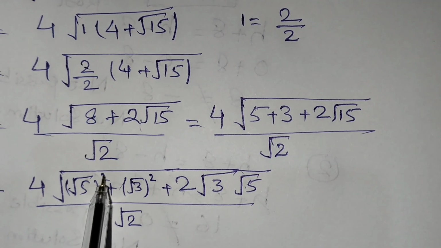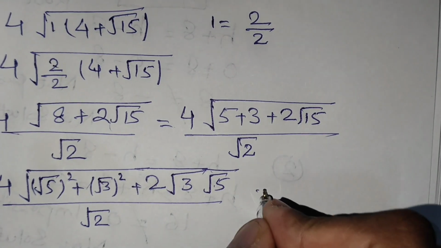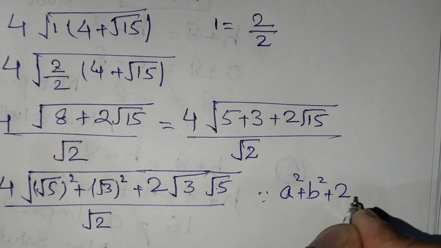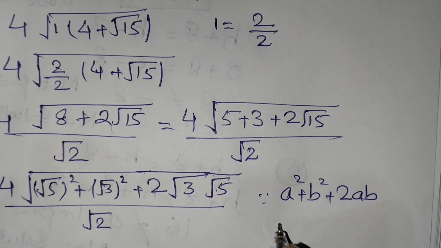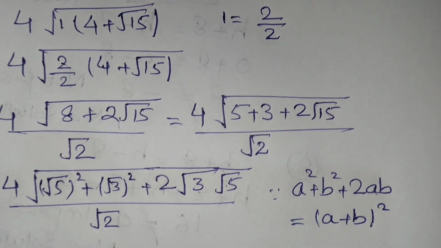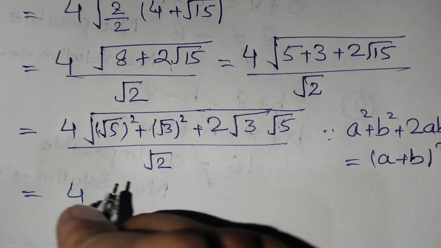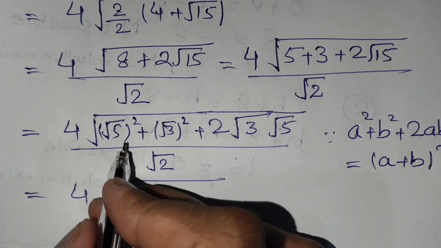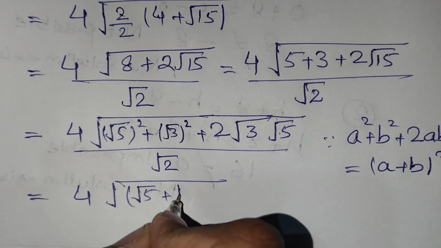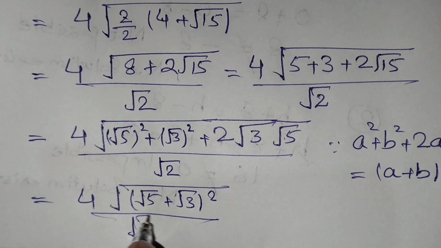Now this is a square plus b square plus 2ab. We know that a square plus b square plus 2ab is equal to a plus b whole square. So the numerator now becomes 4 times square root of square root 5 plus square root 3 whole square divided by square root of 2.